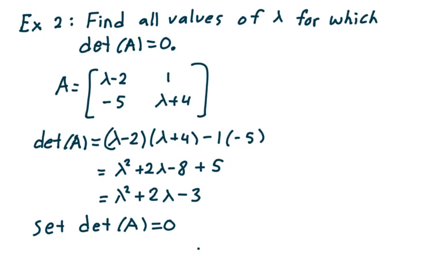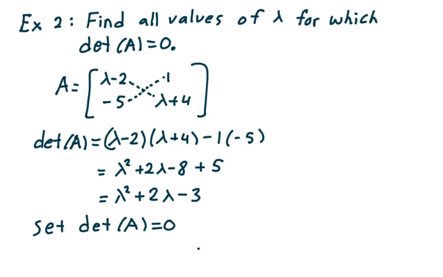The determinant of A is equal to lambda minus 2 times lambda plus 4, right? So I multiplied the entries along the main diagonal, and then I'm going to subtract 1 times negative 5. So notice how I multiplied the entries along the other diagonal accordingly.